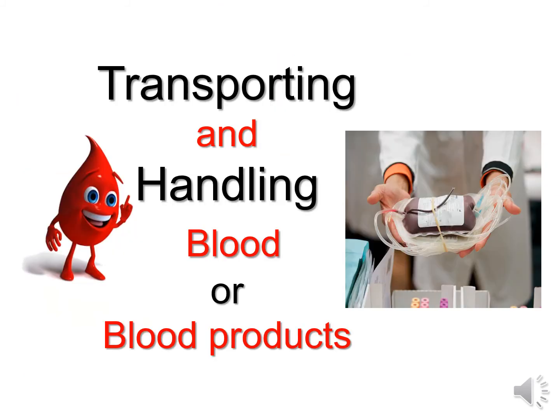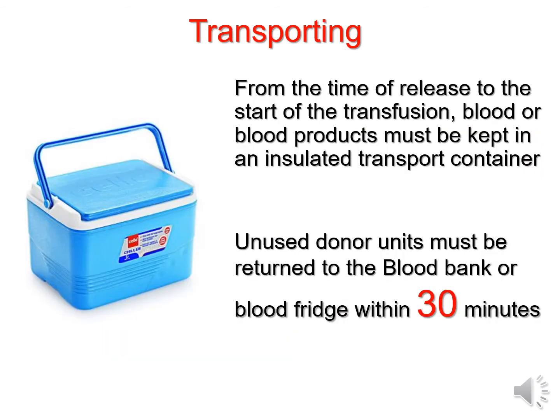When you transport and handle the blood product, or blood, sounds simple. Transporting is from the time of release to the start of the transfusion. Blood and blood products have to be kept in an insulated transport container to protect them from damage and temperature change.